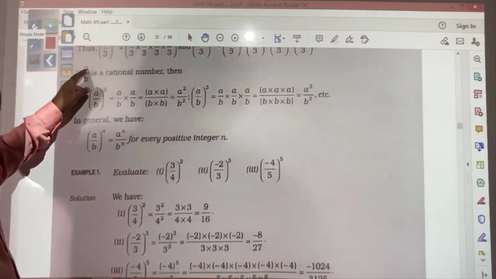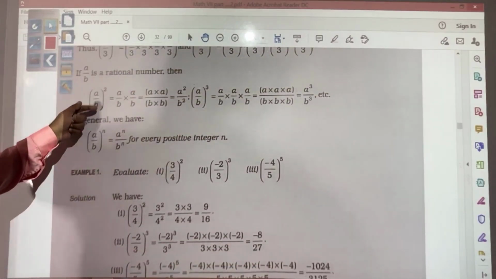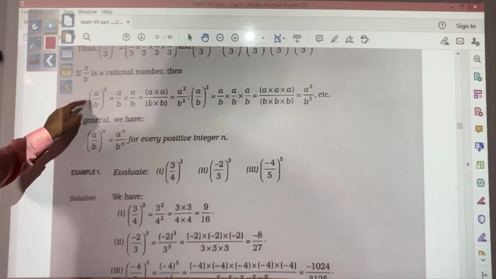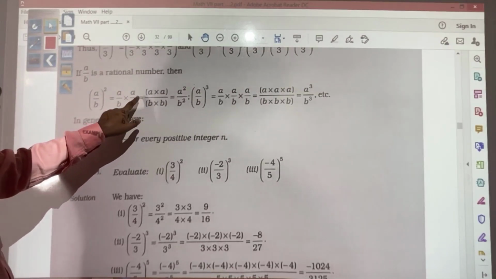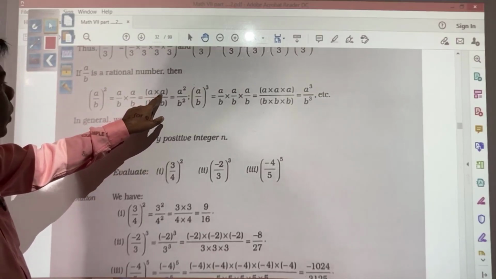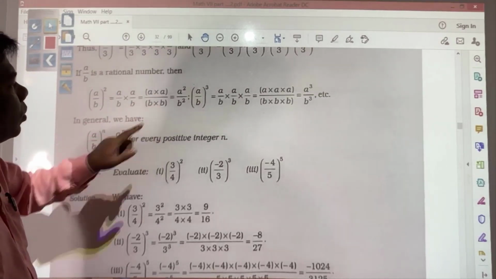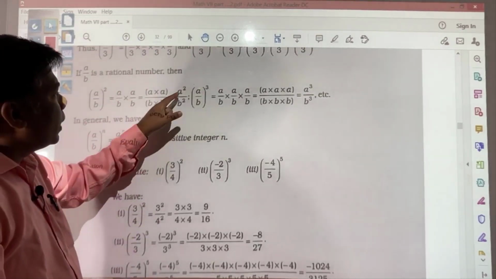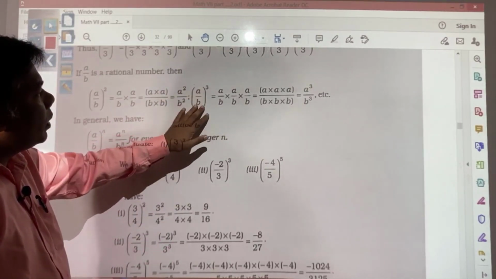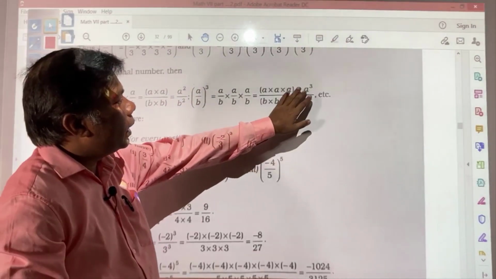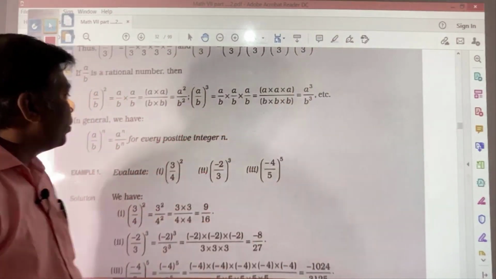If a by b is a rational number, then a by b squared, or a by b to the power 2, is equal to a by b into a by b, and that is equal to a into a by b into b, or that can be written as a square by b square. In the same way, a by b to the power 3 can be written as a cube by b cube.